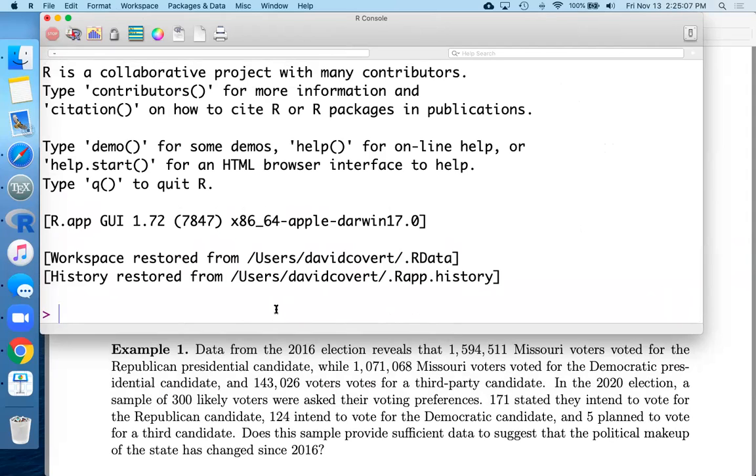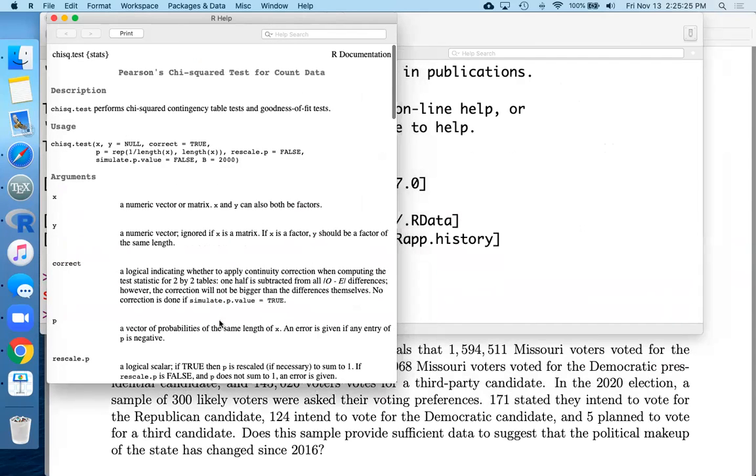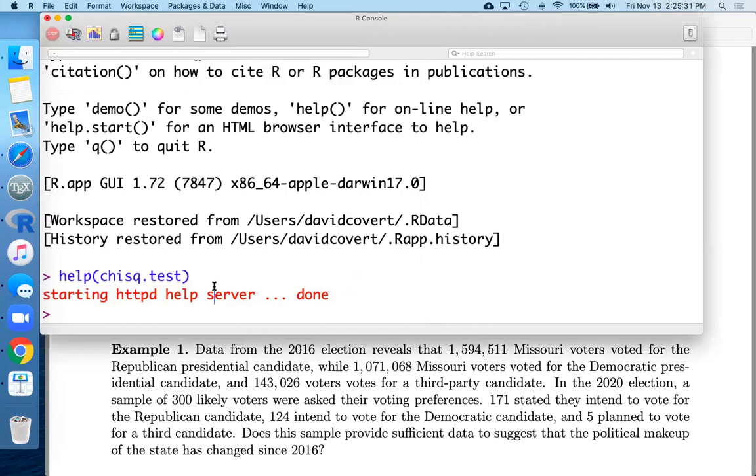And the way that we're going to do this in R is we're going to use the chi-squared test function. So remember that if you ever forget some of the details, you can always use the help chi-squared.test function. That'll come up with this R help box that gives you basically all the details that you need about the chi-squared test function.